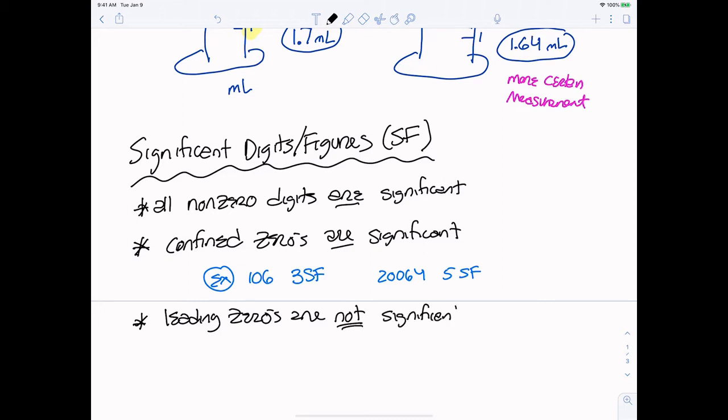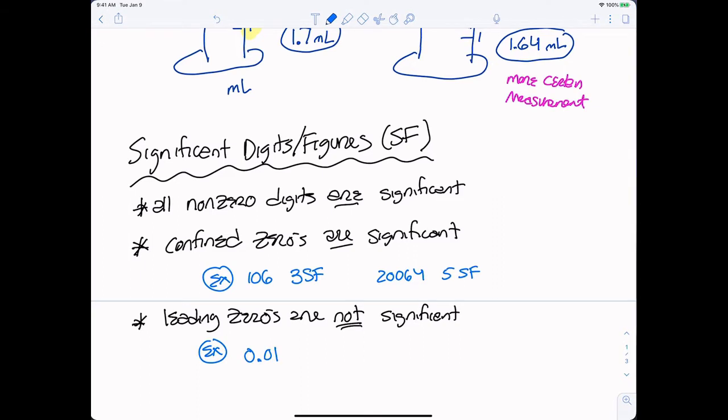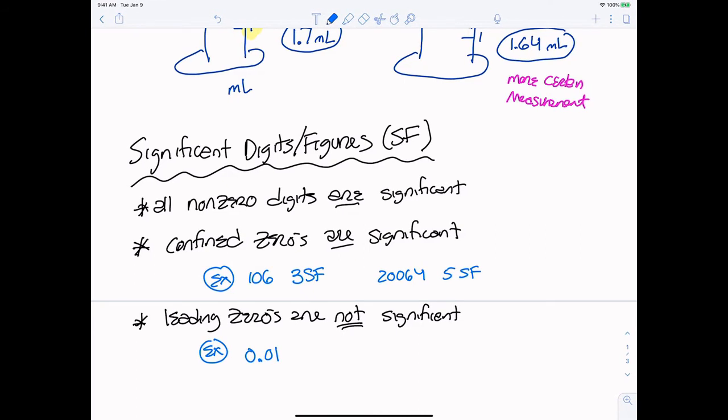Essentially, they tell me the magnitude of the number. So if I was to write 0.01, the 0 after that decimal point, but before the 1, that's my leading zero, that just tells me that this goes out to the hundredths place. It actually tells me the magnitude, not the certainty. So this would have one significant digit.